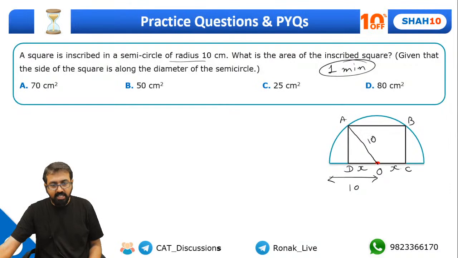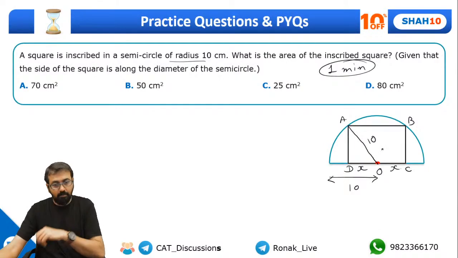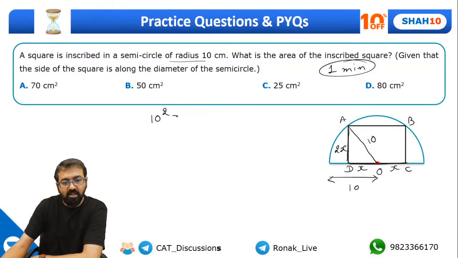And of course, this is 10. So now what will be this one? Can I say this should be 2x because this is a square? So if this is 2x, so this has to be 2x. So I can say 10 square is equal to 2x square plus x square.